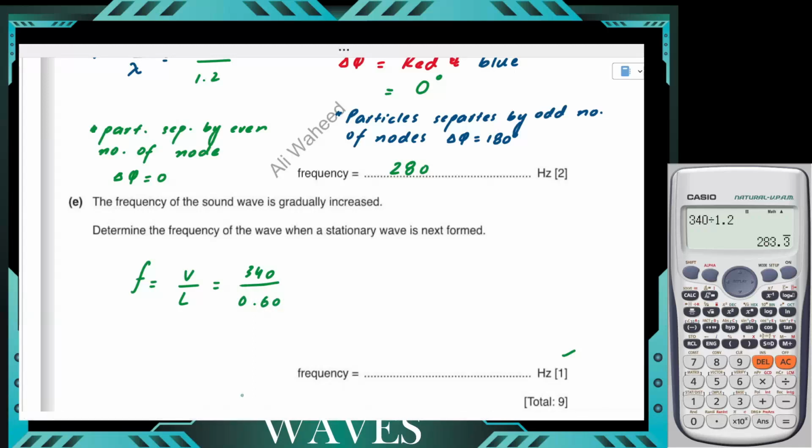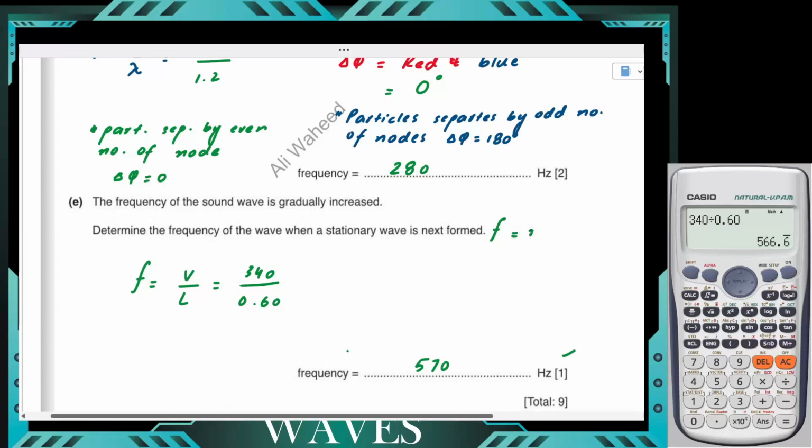If I hit it on the calculator, 340 divided by 0.60, I get 566, and in 2 SF I can round it off to 570 hertz.